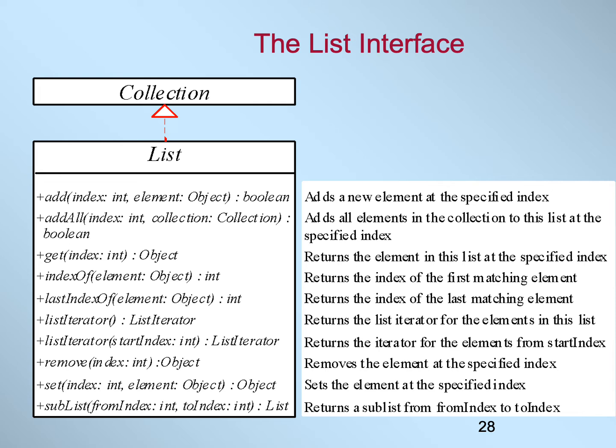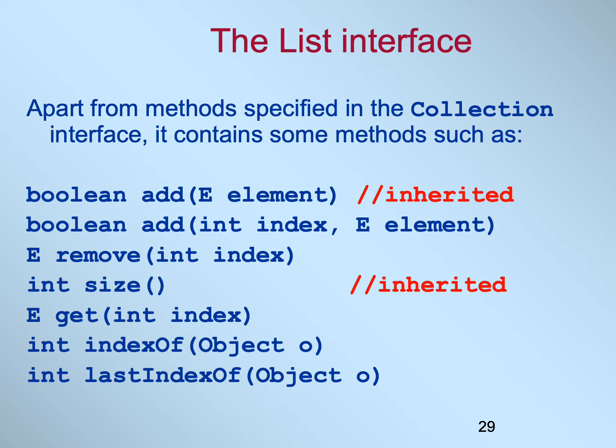It has the add method, get, indexOf, and also the remove that we have seen earlier. In the list interface, apart from the methods specified in the collection interface, it also contains some methods such as boolean add, which is inherited, remove, int size, get, int indexOf, and also int lastIndexOf. You can refer to the Java API to know more about this.